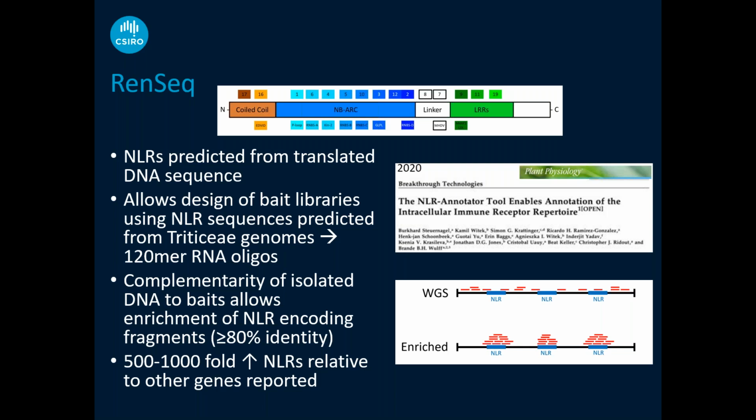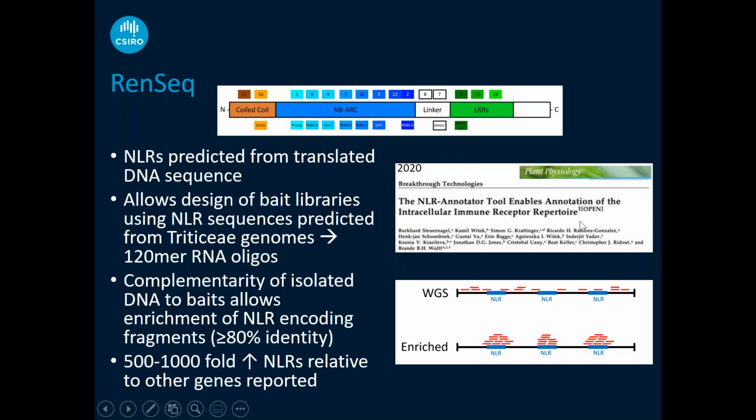And the complementarity of this isolated DNA to these baits allows enrichment of NLR encoding fragments. So usually a minimum of 80% identity is required for capture of a fragment. But this can result in a 500 to 1,000-fold increase in NLR genes enriched relative to other genes.